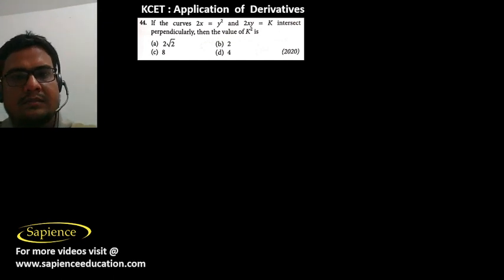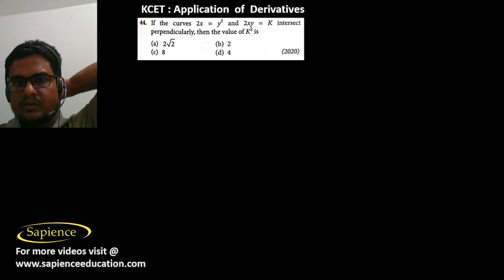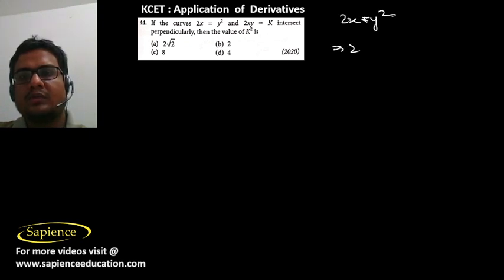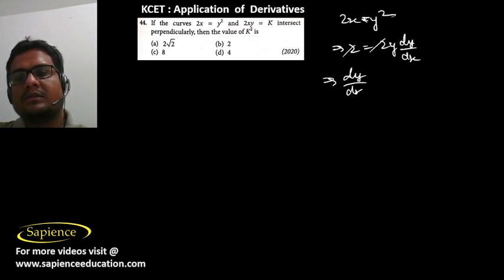Then it is told that if the curves 2x equal to y square and 2xy equal to k intersect perpendicularly, then what is the value of k square? Here we differentiate both sides: 2 equal to 2y dy by dx, so dy by dx is 1 by y.